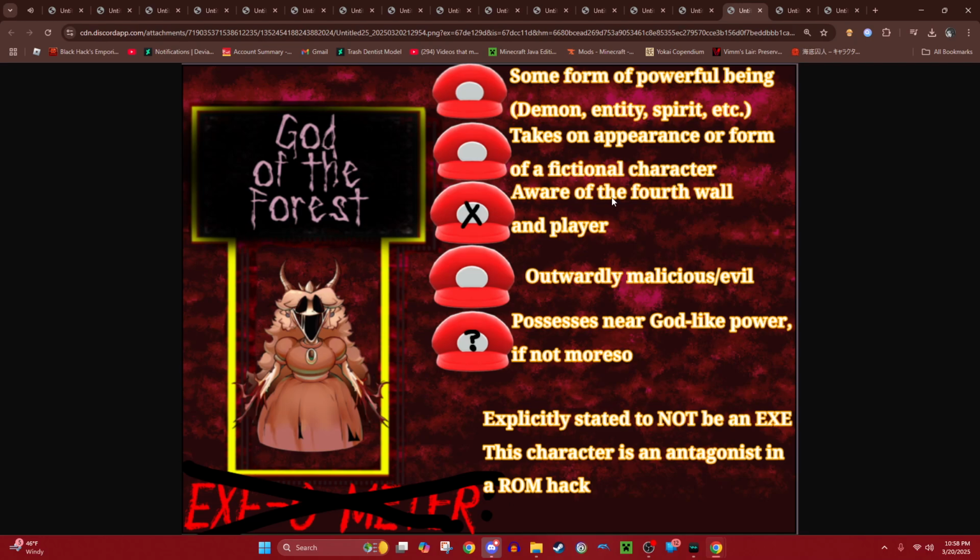Second, do they take on the appearance or form of a fictional character? This goes back to the fact that if they are using the body of that character, it still counts. And to my knowledge, this forest being is using Peach's body as a vessel. So yes, that counts. Third hat, are they aware of the fourth wall and the player?